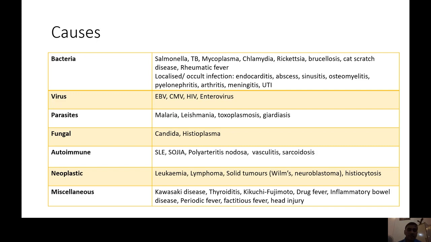Then parasites like malaria; we don't see it anymore in Sri Lanka, but we still have to be aware of it, because from time to time you get malaria patients. In pediatric practice, we see a lot of autoimmune conditions also, such as Sjogren's, SLE, vasculitis. And of course, you should never forget about malignancies, especially leukemias, lymphomas, and certain solid organ tumors such as neuroblastoma.